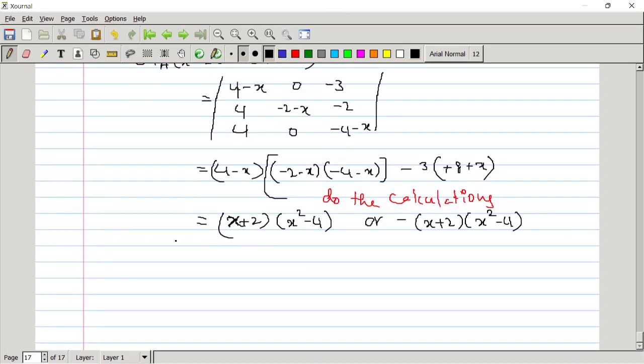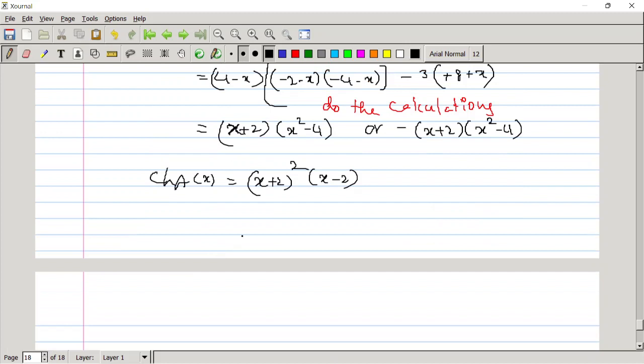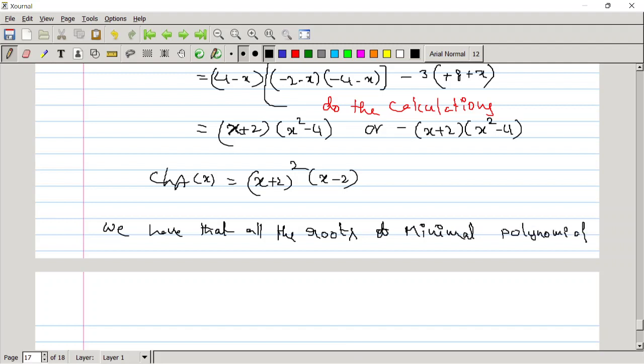So from this characteristic polynomial we have x plus 2 times x plus 2 whole square into x minus 2. We have a condition that all the roots of the minimal polynomial are also roots of the characteristic polynomial.